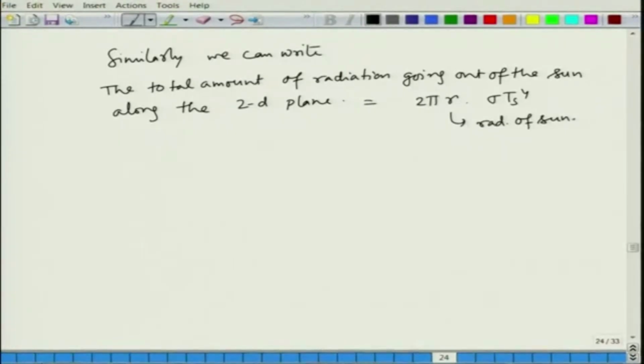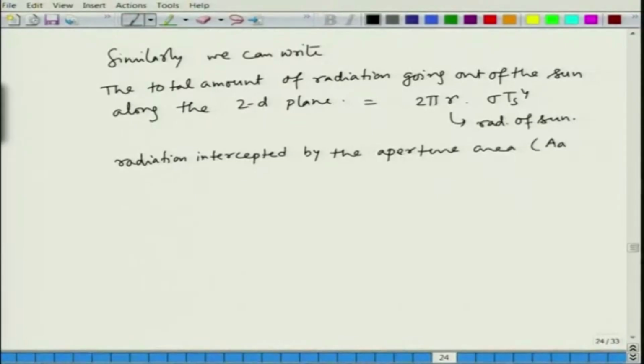Similarly, the radiation intercepted by the aperture area A subscript a is 2 pi r sigma Ts to the power 4.